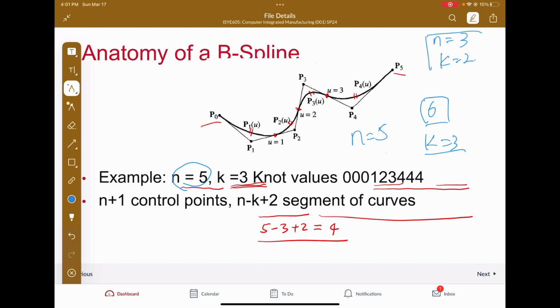This is in our example. We know we need 6 t's from t0 to t5, right? We have 5 segments.